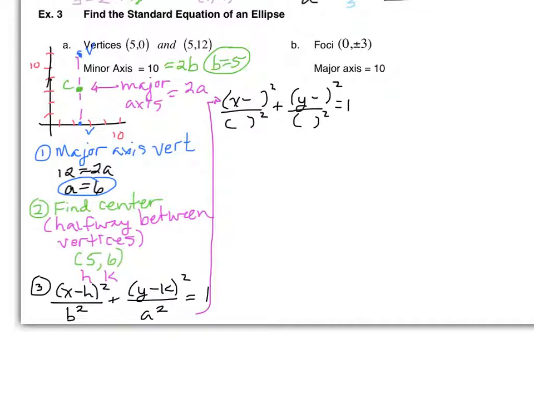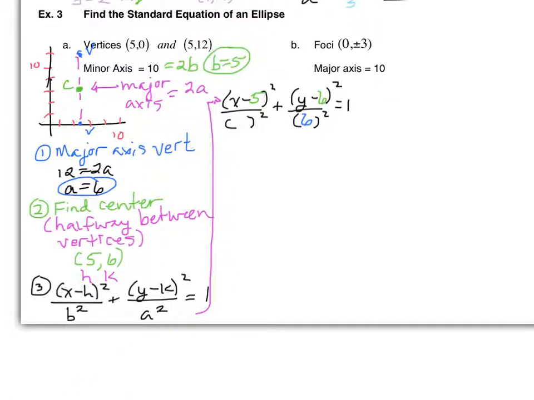And so we're going to plug in what we know. I know my center. My h is 5. My k is 6. And then I know that my a is 6. And so my a goes underneath the y. This is exactly why I wrote it out, so that I wouldn't forget what goes where. It's very easy to put them in the wrong spot.